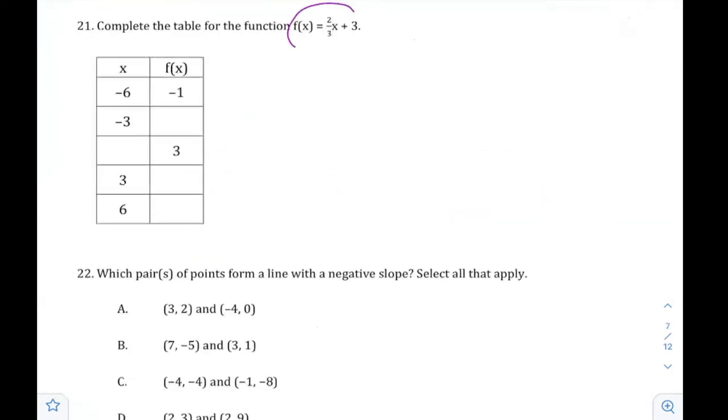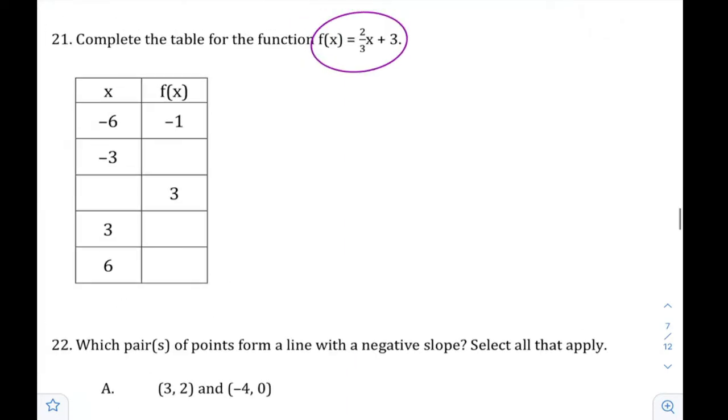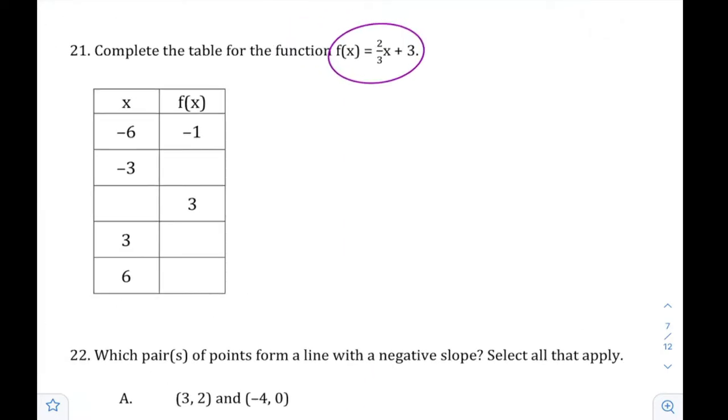Now we will see also here another function, f of x is equal to 2/3 x plus 3. Now, it represents the relation between x and f of x. We have missing points here. Let's call this A, and this B, and this C, and this D. If you want to find A, for example, we have to replace x by -3.